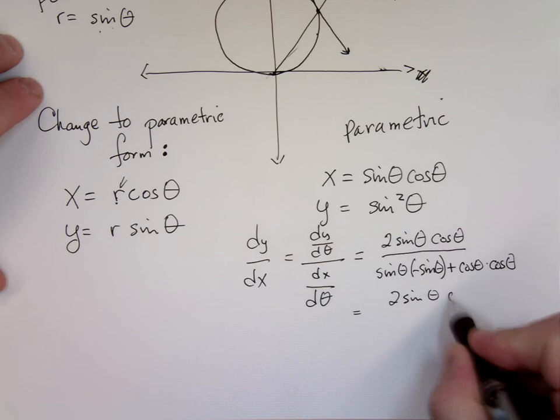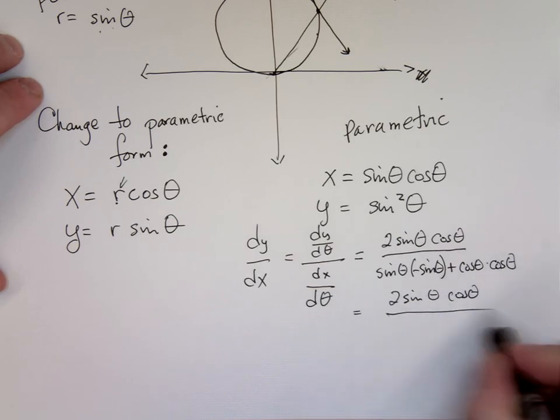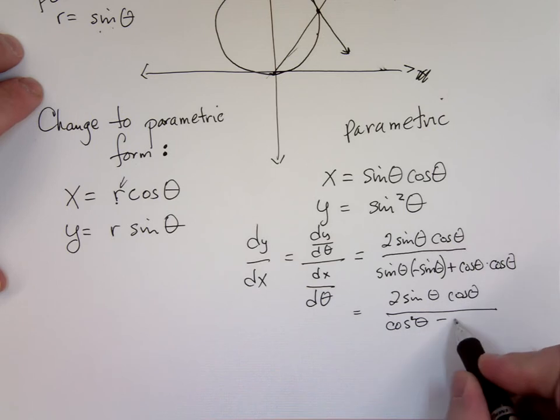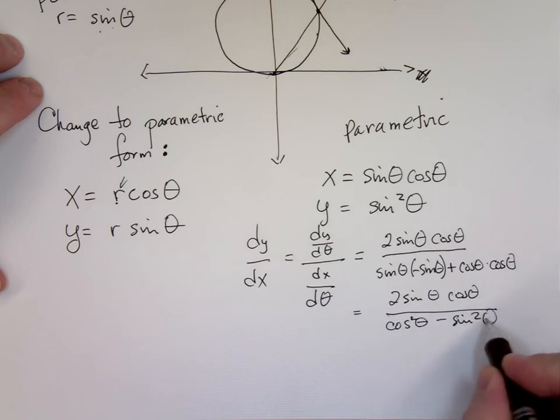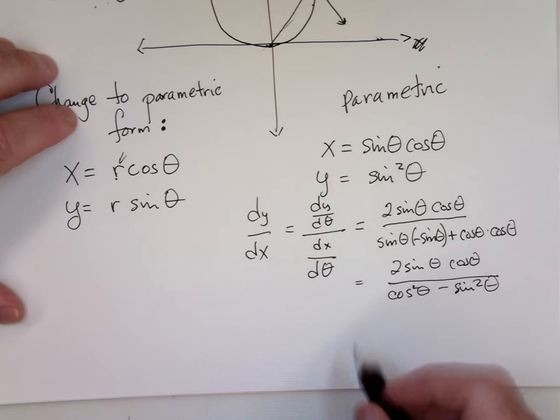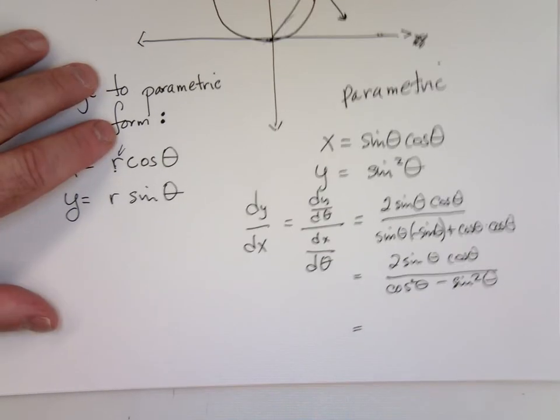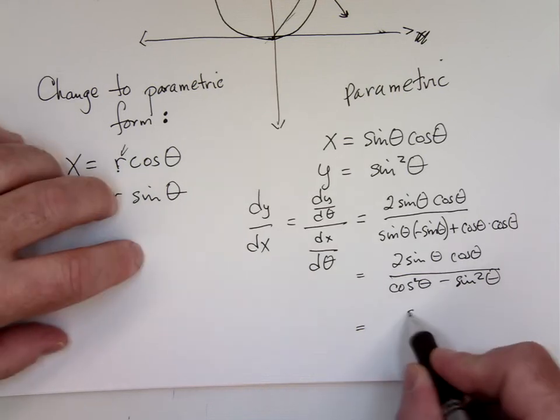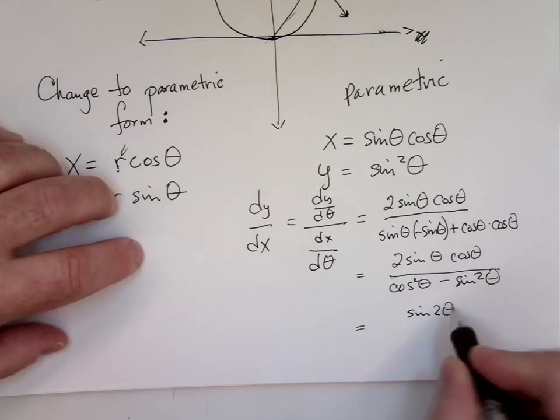I'm going to write the cosine squared first here, minus the sine squared. It's kind of interesting, but what's 2 sine theta cosine theta equal to? Sine 2 theta, trig identity, double angle. And what's cosine squared minus sine squared equal to?